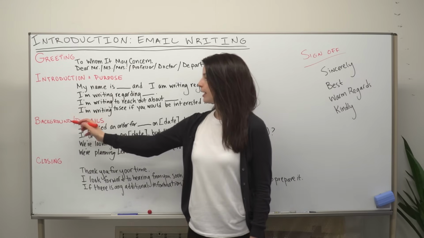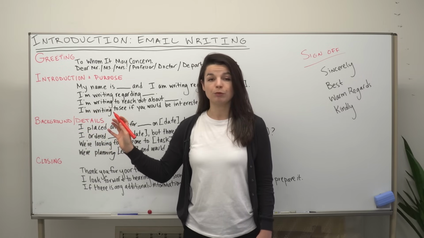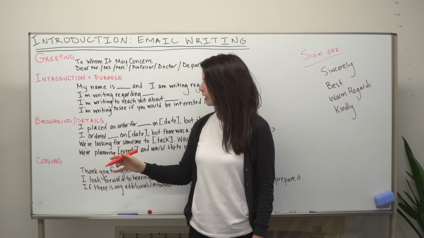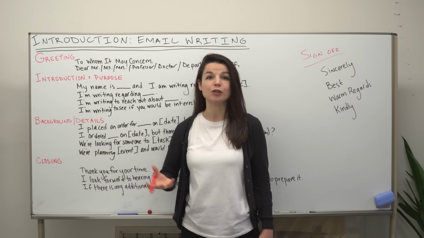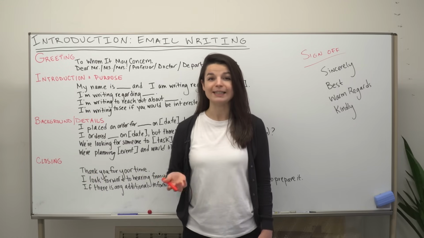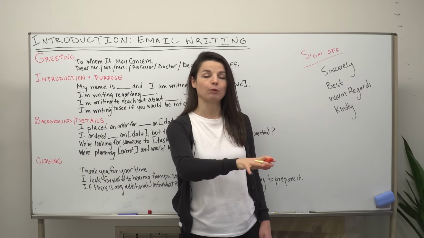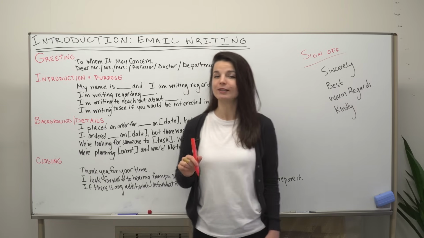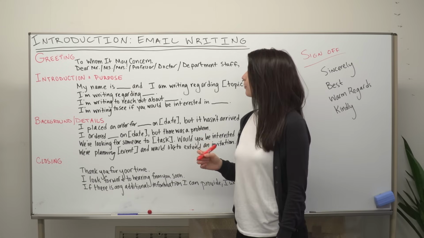Following that will be any background information or any details you need to provide to make the purpose of your email clear. Following that, a closing statement, something to kind of wrap up to show your reader you're ending the message, and then a sign-off, which is really the final point before your name in the email. So we're going to talk about these points. Let's look at some patterns you can use in these emails.